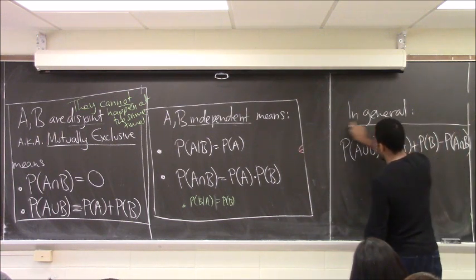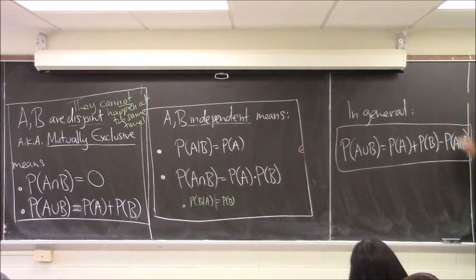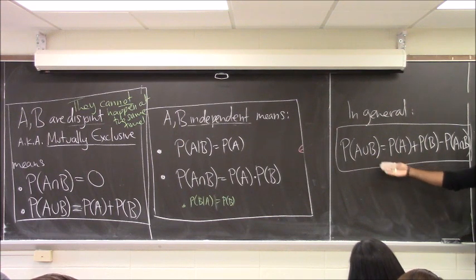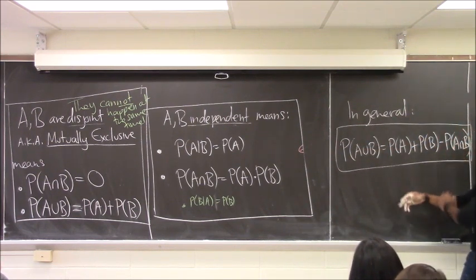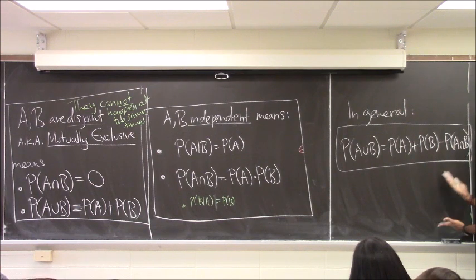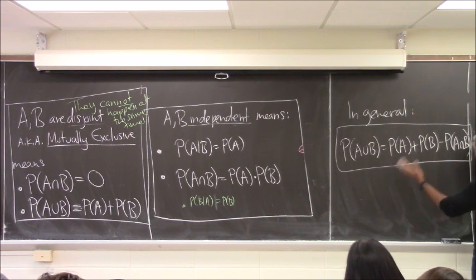So in general, that's what governs them. If you want to find the probability of A or B, you have to add the probabilities and minus the probability of the AND. If you want to find the probability of A and B, you just solve for it in this formula. You add the probabilities and subtract the probability of the union. So that is in general.